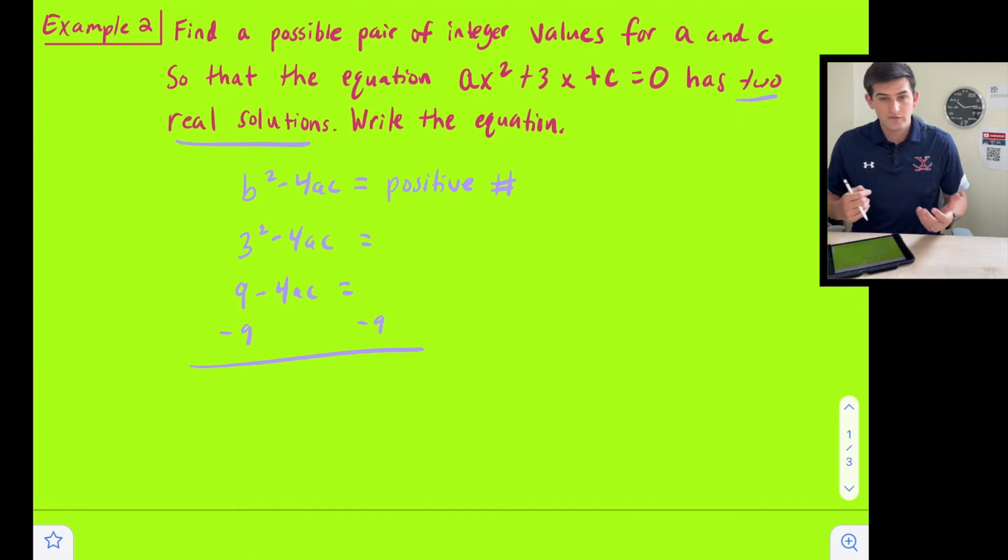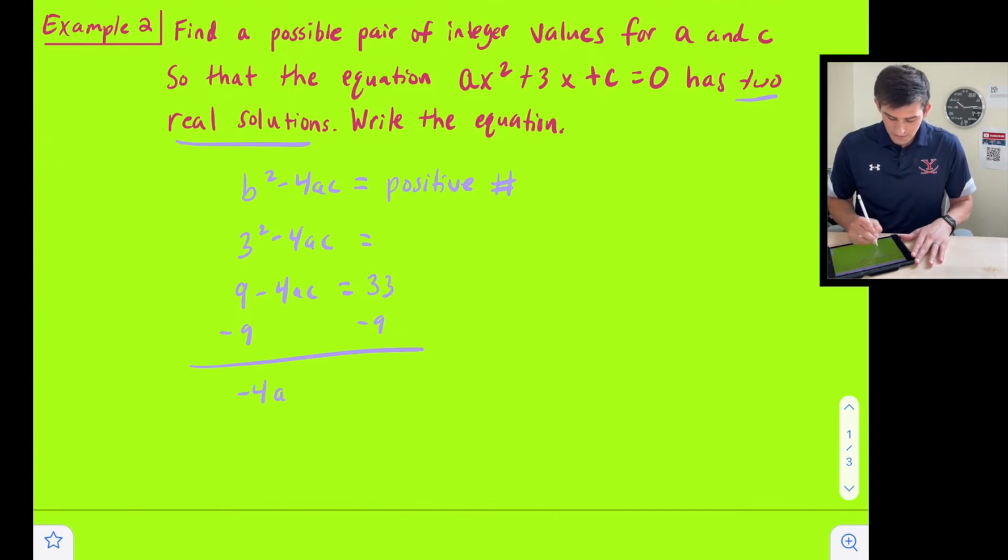If we divide by 4, obviously we want something divisible by 4. So let's do 24, and then let's add 9 to that, and we're going to get 33. So let's just say this is equal to 33. The reason we're doing that is so that this makes it easier for us. And 33 is fine because it just needs to be a positive number, just any positive number. So now we do 33 minus 9, so we get negative 4ac is equal to 24.